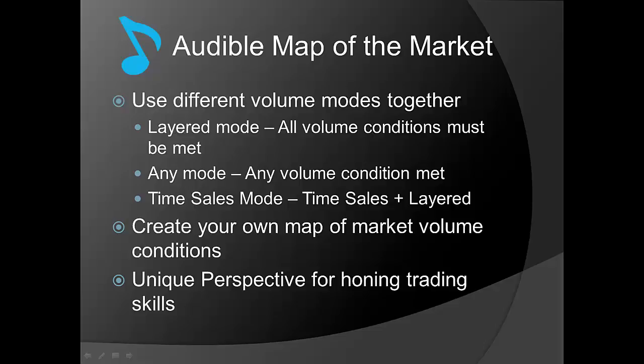Conversely, you can increase the loudness of trade sounds if either of these conditions are met using any trade sound mode. Time and sales mode, which is enabled by default, ensures that you can always audibly identify large trades from the Recon tape by their loudness, but other volume modes combine in a layered manner. Combining different volume modes within PriceSquawk like this allows you to create your own audible map of current market conditions derived from the Recon tape.